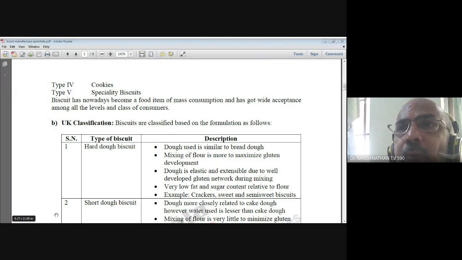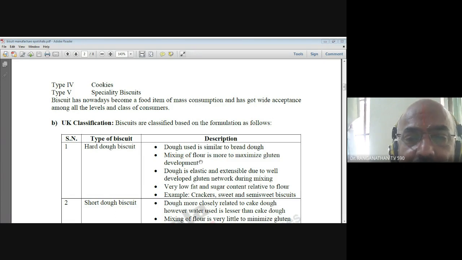When I have fat or sugar less than 20, you call it a hard dough biscuit. One more characteristic feature of the hard dough biscuit is that these are leavened by yeast, similar to that which is observed in the case of bread.